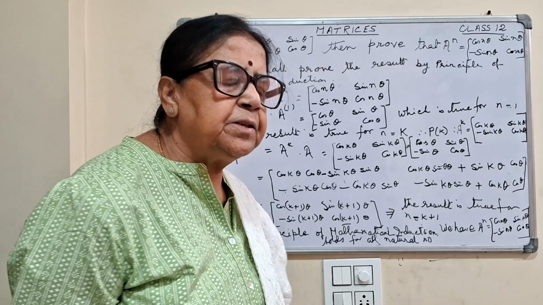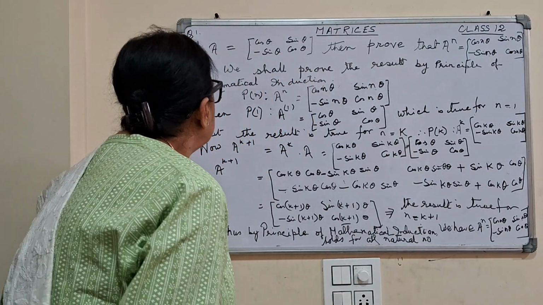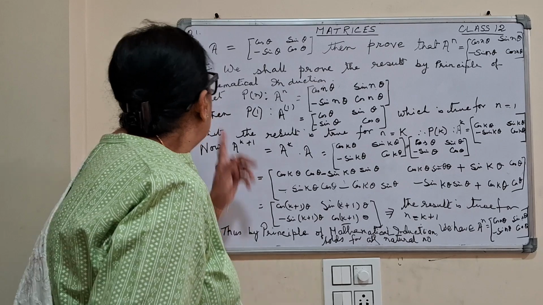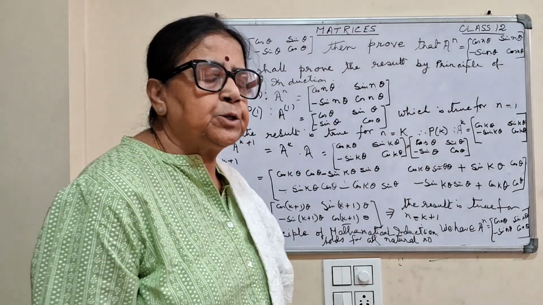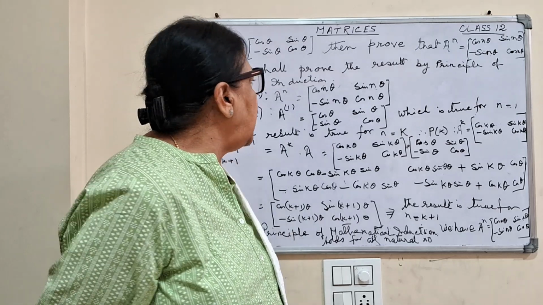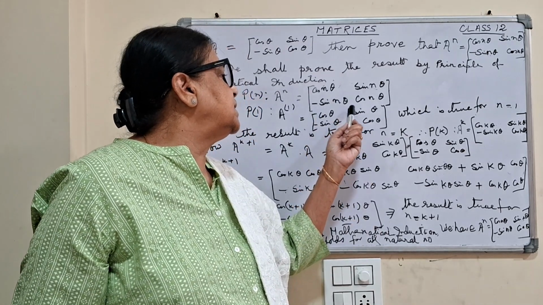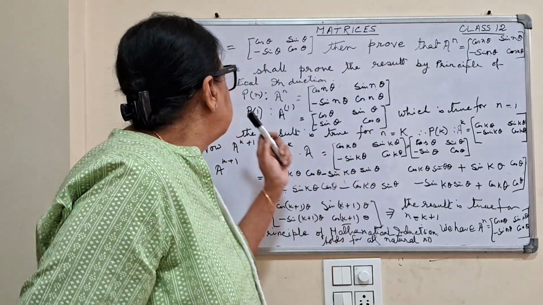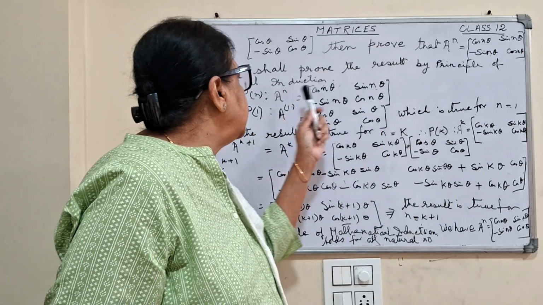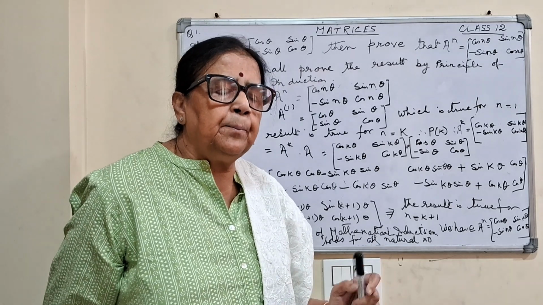So the same principle we will be doing. Now let Pn be A raised to the power n, which is [cos n theta, sin n theta; minus sin n theta, cos n theta].